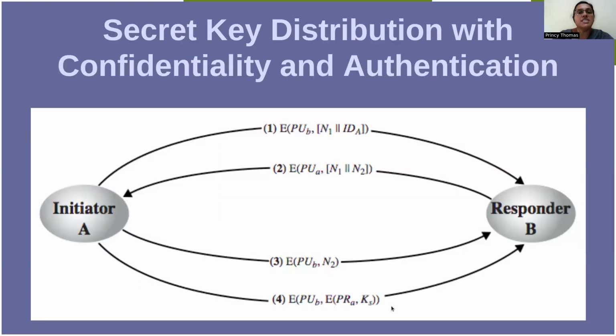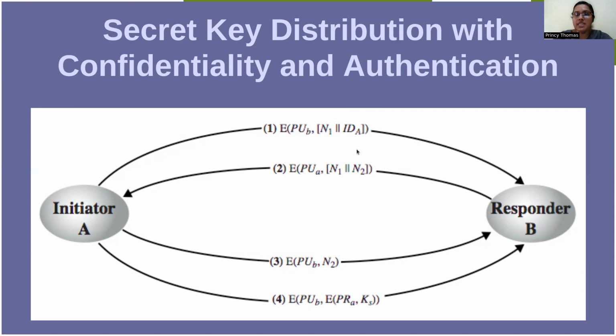So a secret key distribution must require both confidentiality and authentication. These are the 4 steps we do for confidentiality and authentication. Initiator A sends N1 and ID A, encrypting this data using the public key of B. When this message is received, B decrypts and gets N1, the nonce, and the ID of A by using his private key.